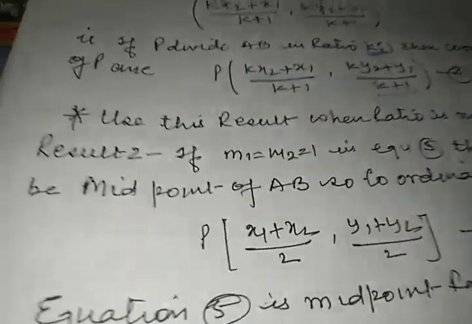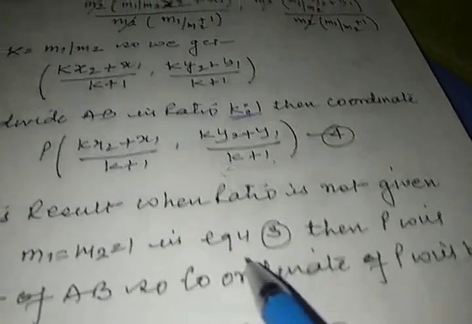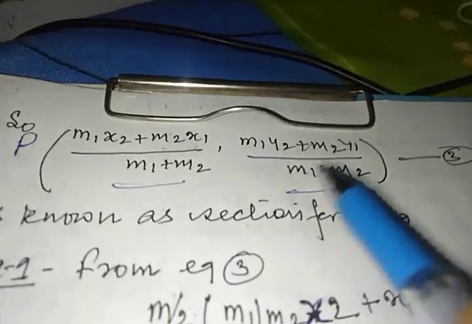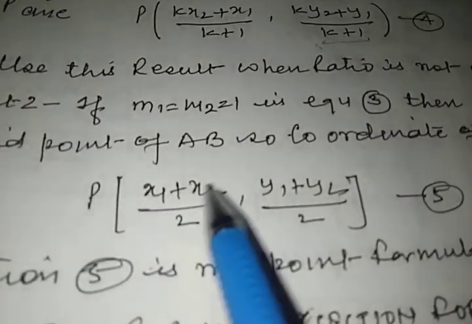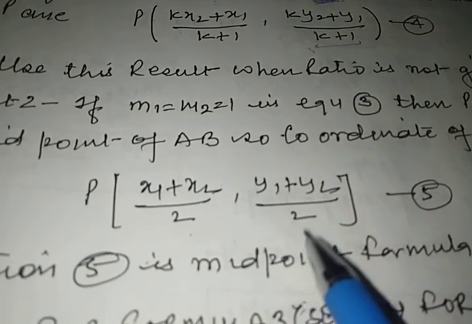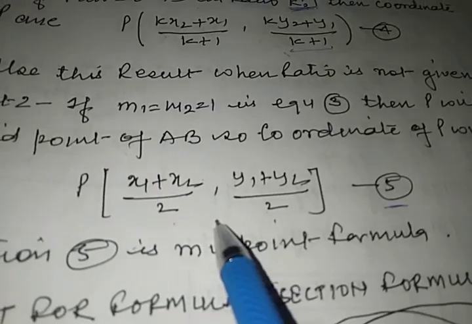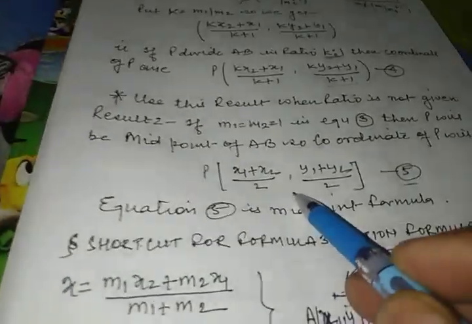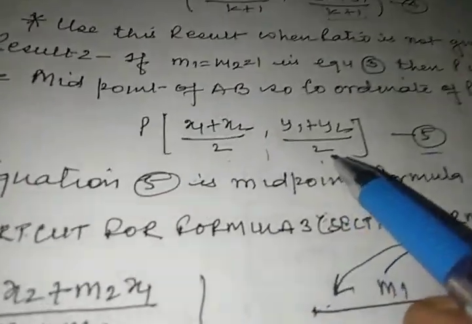So if M1 by M2 is equal to 1, then in equation 3 we get the coordinates of P as (X1 plus X2) upon 2, (Y1 plus Y2) upon 2. This is called the midpoint formula. So when you have to find the midpoint, you use this one.